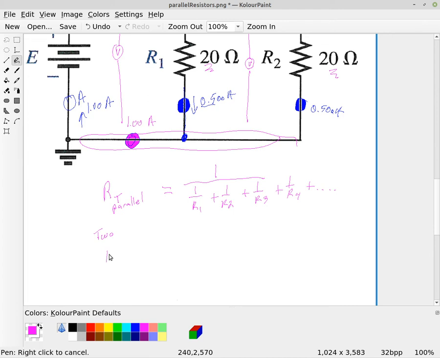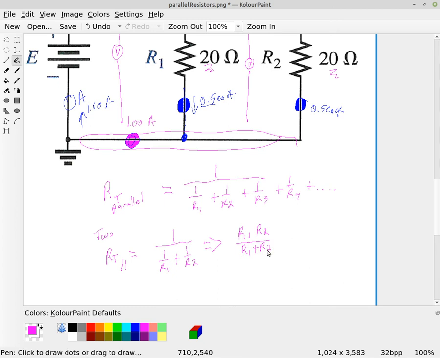All right, and so R total for parallel, and I'll put two bars, parallel lines here to indicate parallel, we get just the 1 over R1 plus 1 over R2. And if you simplify this equation, you end up getting R1 times R2 divided by R1 plus R2.